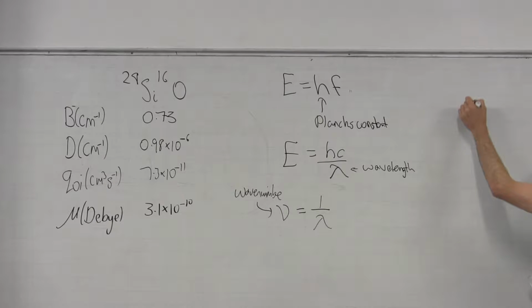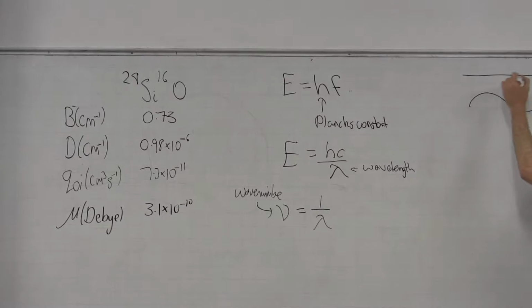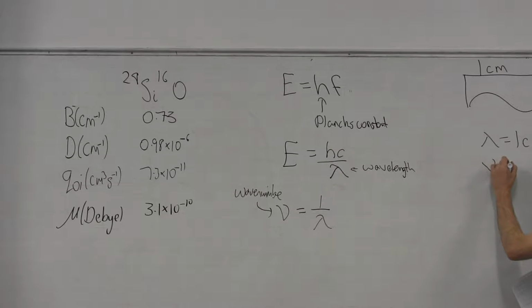Well, if you have a wave, and say this is 1 centimeter, then the wavelength of this wave is 1 centimeter, and the wave number is the number of waves in 1 centimeter. Alternatively, if this was 2 centimeters, then the wavelength is 2 centimeters, and the number of waves in 1 centimeter is 0.5. So it's kind of counting waves rather than measuring their length.